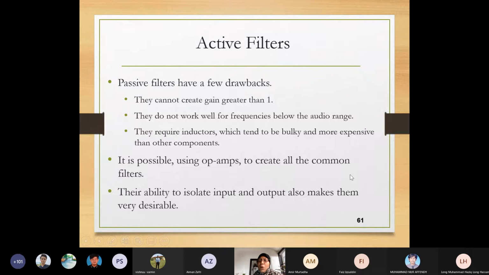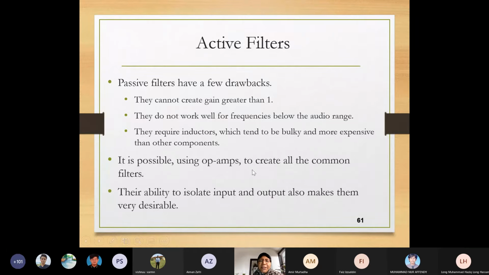Later on you will know that the op-amp is an integrated circuit that amplifies signals. So you apply very small millivolt signals, but you will get a few volts output. You can have an amplification factor of a few hundreds, sometimes even 1000 gain.